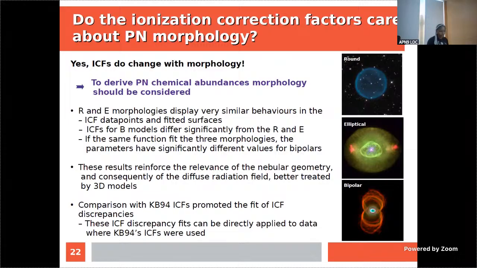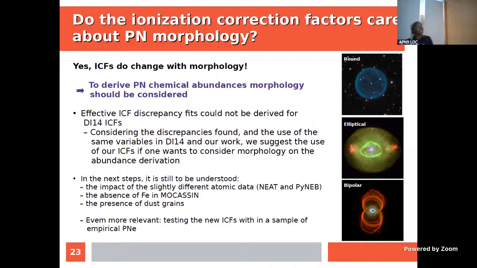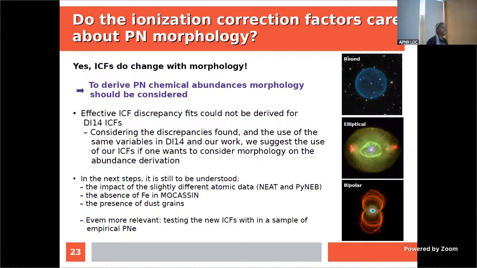And we made a lot of effort to be able to further correct the abundances that you have from Kingsburgh and Barlow's recipes for morphology using this data. In the case of Delgado-Inglada, again, you need to recalculate, but based on the same variables, so it's kind of easy.